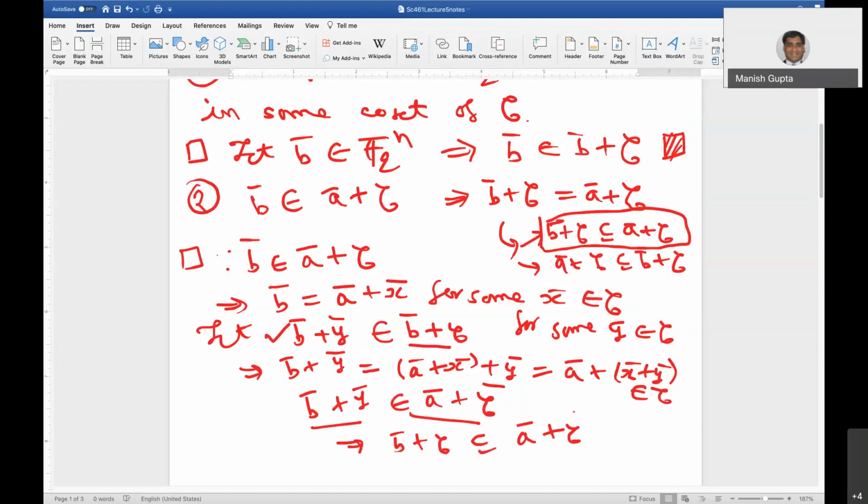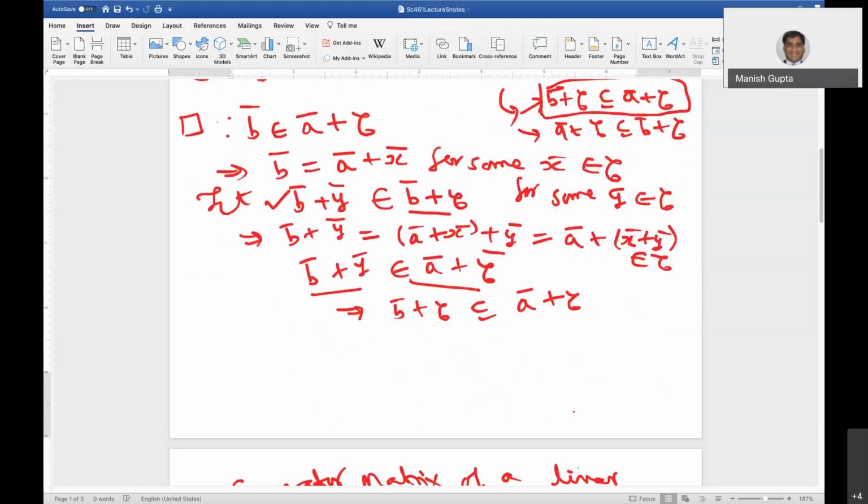In a similar manner, I can show that A plus C is a subset of B plus C. I leave it as an exercise for you to show that the other side is true.